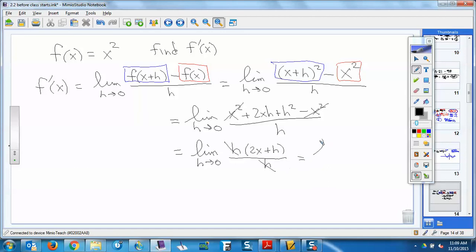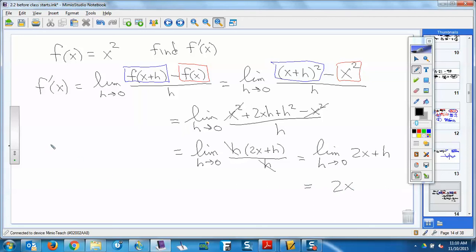Which is good because now what can we do? Now it's legal to plug a 0 in for h. Because again, what does 0 in for h mean? It means the 2 points are getting close together, right? That's what h going to 0 means. The 2 points are becoming 1, which is what we want. The slope at 1 point, in this case, any point x. And you put a 0 in, and what do you get?